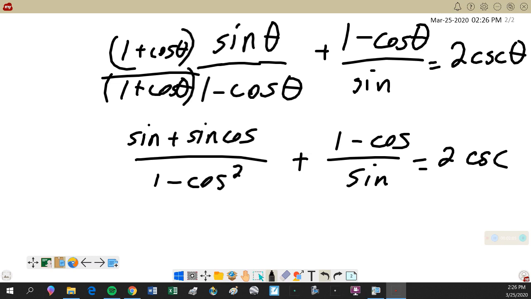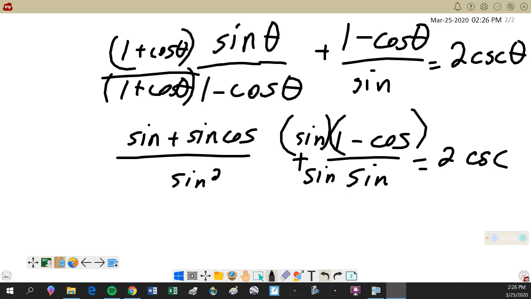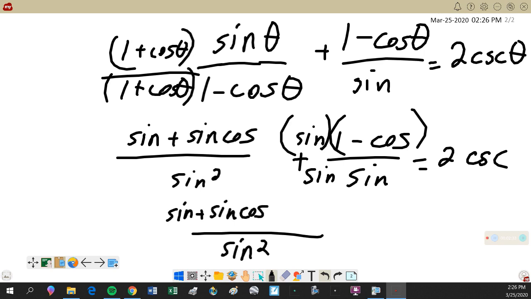Well, I know that 1 minus cosine squared is sine squared. And for a common denominator, I can put sine on the other side. So my denominator is now sine squared, and my numerator is sine plus sine cosine plus sine from here minus sine cosine.